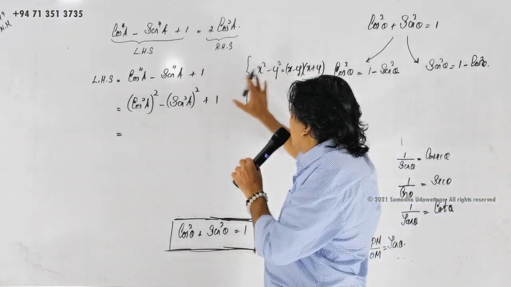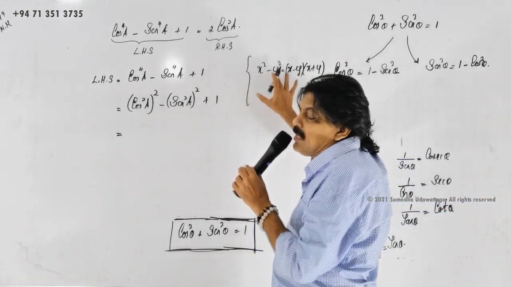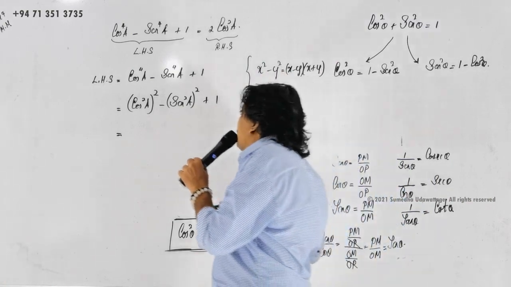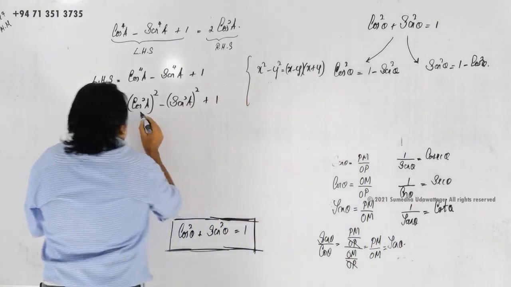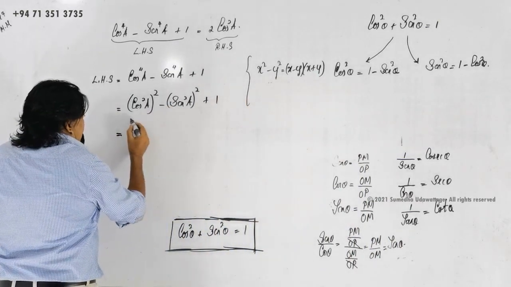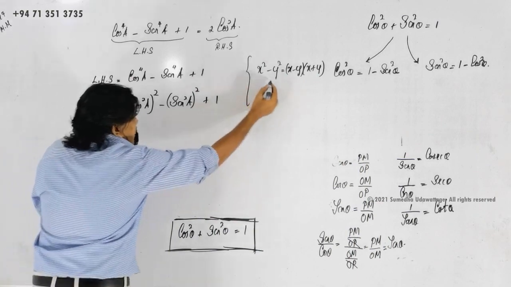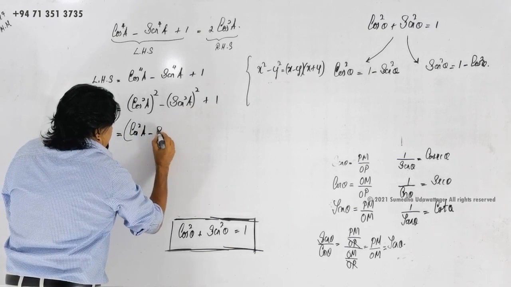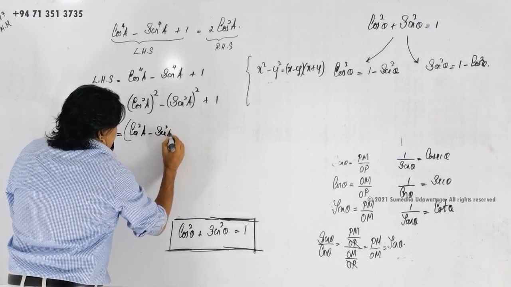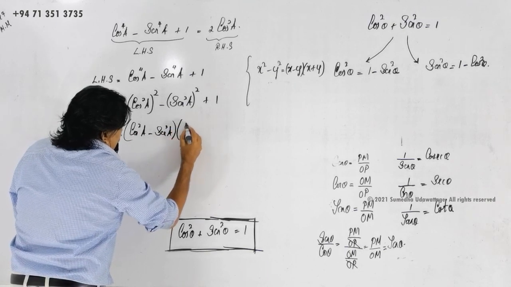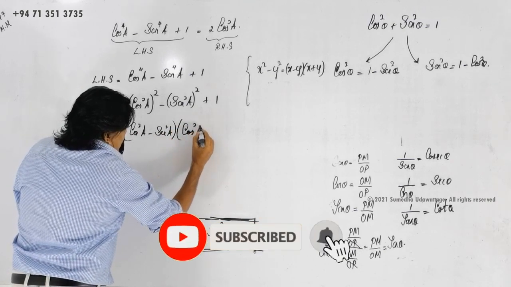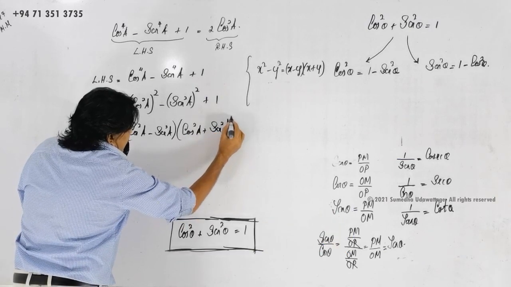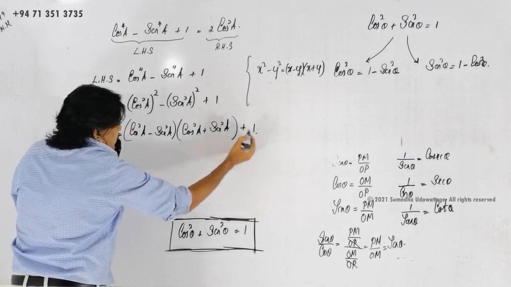Compare this with the difference of two squares. You get x square minus y square, which comes to x minus y, x plus y. Cos square A minus sin square A, cos square A plus sin square A, plus 1.